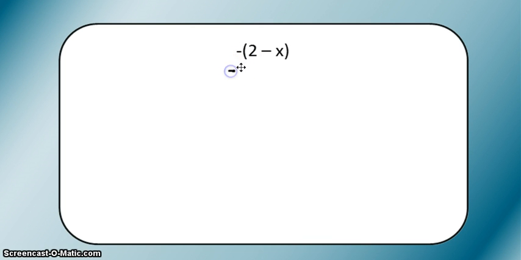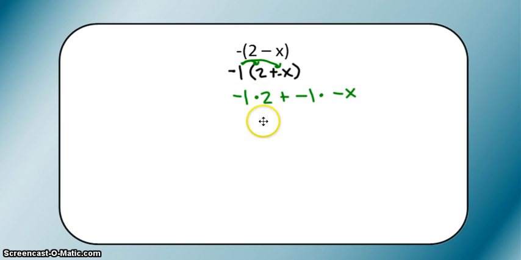It's negative 1 times the quantity of 2 minus x. They're subtracting on the inside. We want that to be adding, so we're going to add the opposite. Now we can distribute this negative 1 here and here. So we get negative 1 times 2 plus negative 1 times negative x.